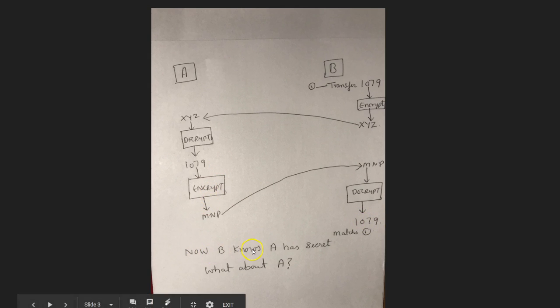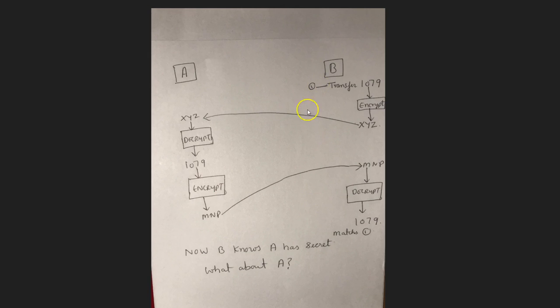So now B knows A has the secret key, which is the same as B's. Now B has authenticated A, so B has trusted A now. But what about A? How does A know B also has the same secret key?